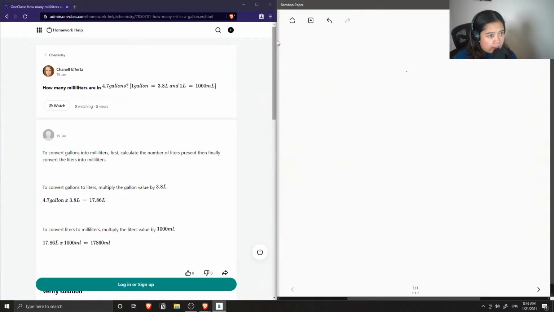Okay, so question 1 asks, how many milliliters are in 4.7 gallons? And they also gave us some useful conversion factors, such as 1 gallon is equal to 3.8 liters. So let me write this down.